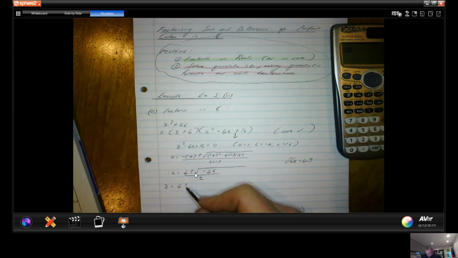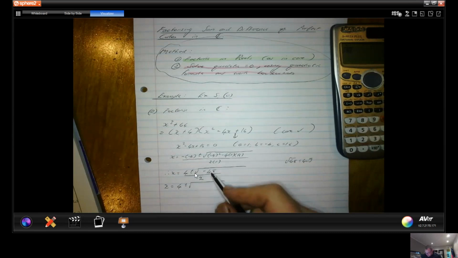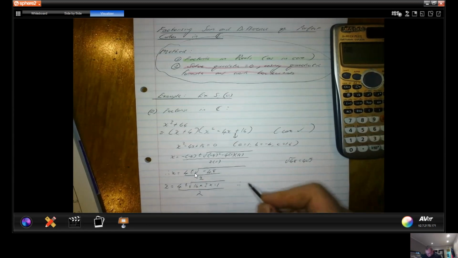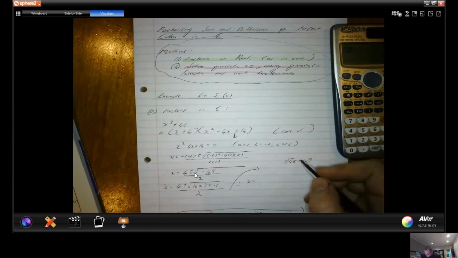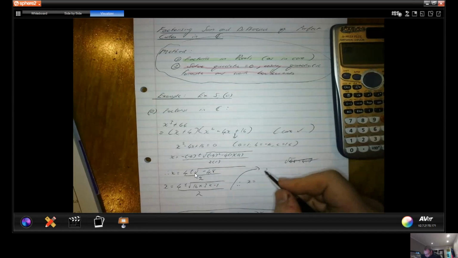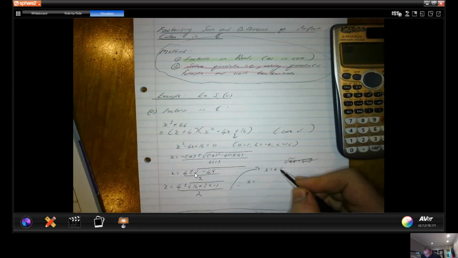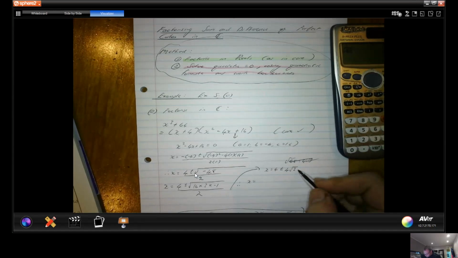So x is equal to 4 plus minus, well, root 48 you can think of as 16 times 3 times negative 1, all over 2. The square root of 16 is 4, as your calculator said, root 3, and the square root of negative 1 is i.